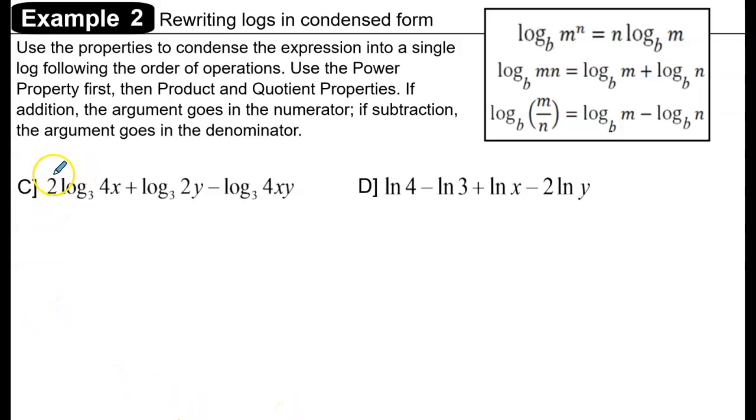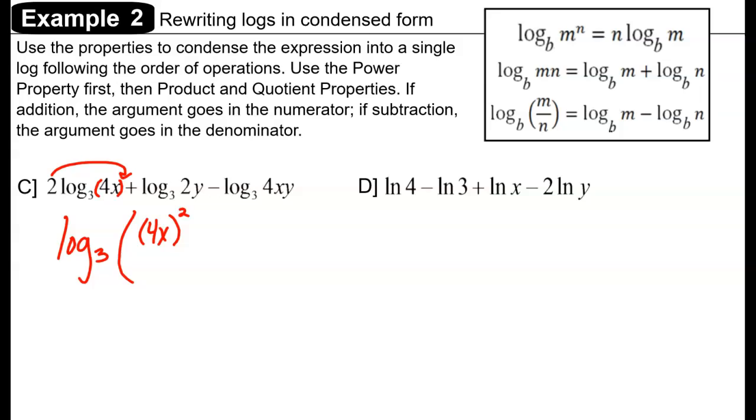We're going to start with the power property, moving the coefficient of 2 to become the exponent on the quantity 4x. So that's going to condense into a log base 3. And in the numerator, since this is a positive log term, we're going to have a 4x quantity squared.